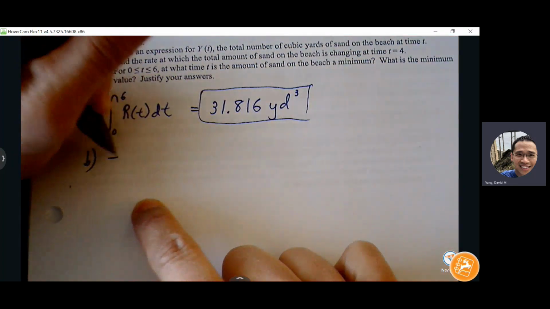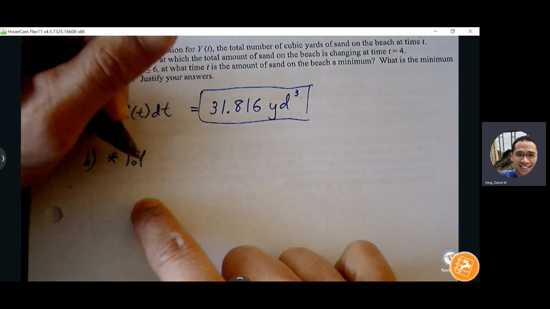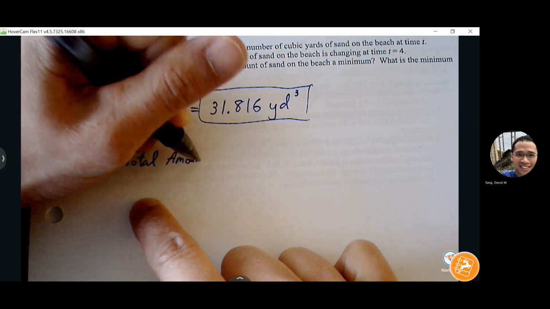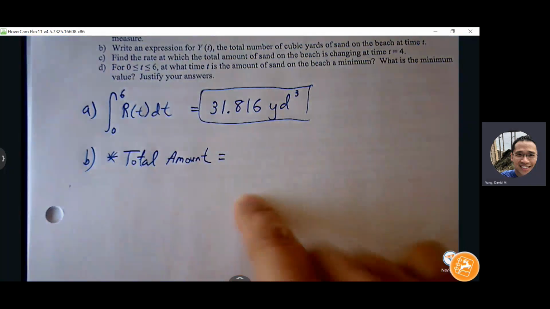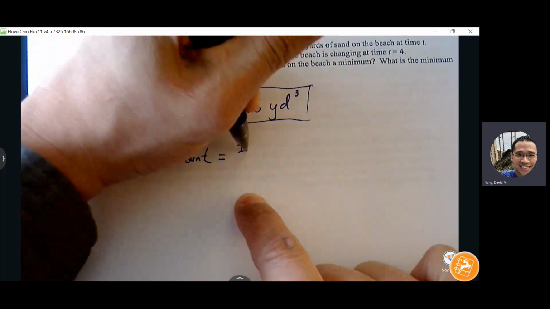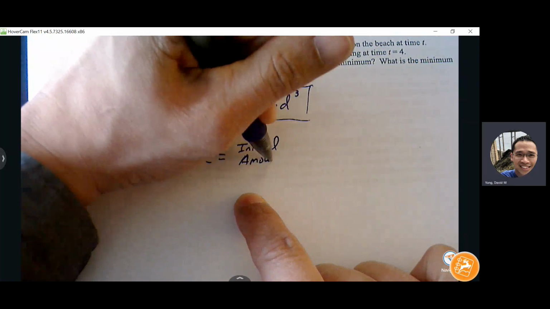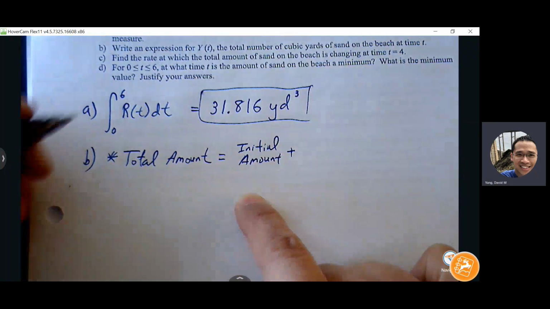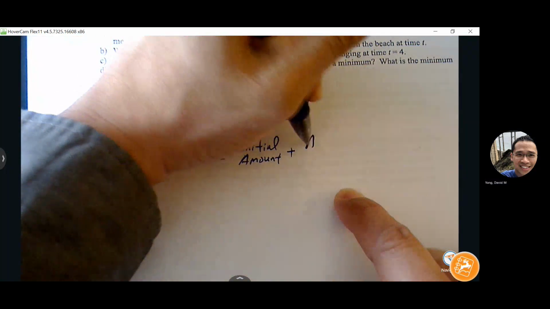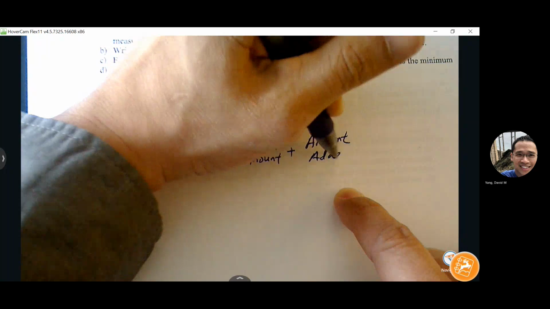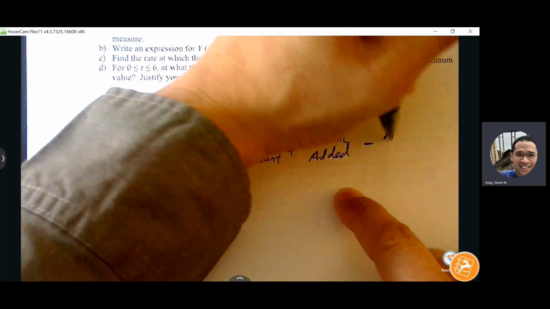So let me write this formula here. Total amount is equal to the initial amount, so how much you started with, plus the amount added, minus the amount removed.